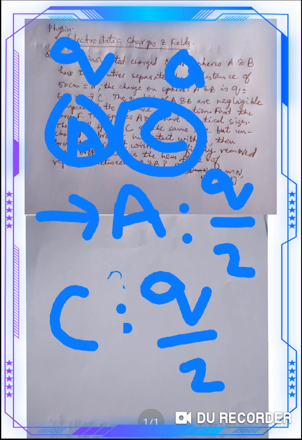Now the sphere C is again brought in contact with sphere B. Initially the charge at sphere B is Q, and now the charge at sphere C is Q by 2.